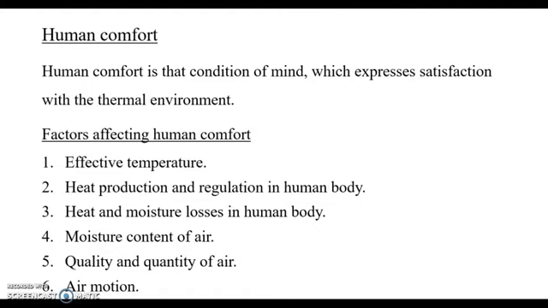Third one is the heat and moisture losses from the human body. Fourth one, moisture content of the air in the conditioned room. Fifth, quality and quantity of supply air. Next is the motion of the air in the conditioned room.